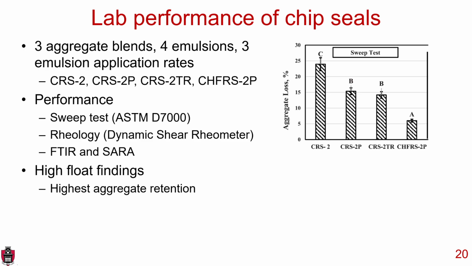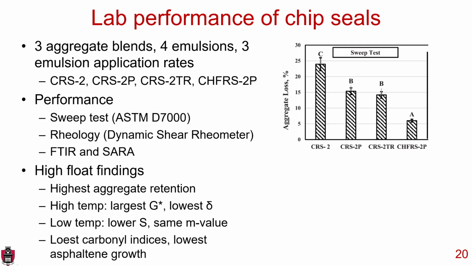For their high float findings, they found that the high float, which is the one on the far right there, had the highest aggregate retention. So good job, high float. That shows that it could potentially retain those chips better. At high temperature, it had the highest G star and the lowest delta. At low temperature, it had lower S values and the same M values. So again, impacting that high temperature a little more than the low temperature.